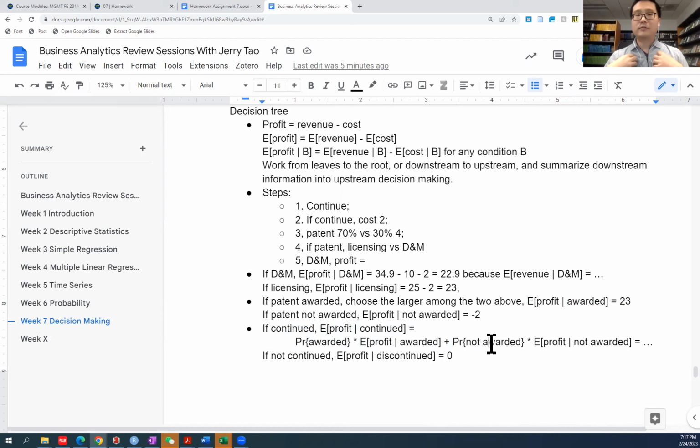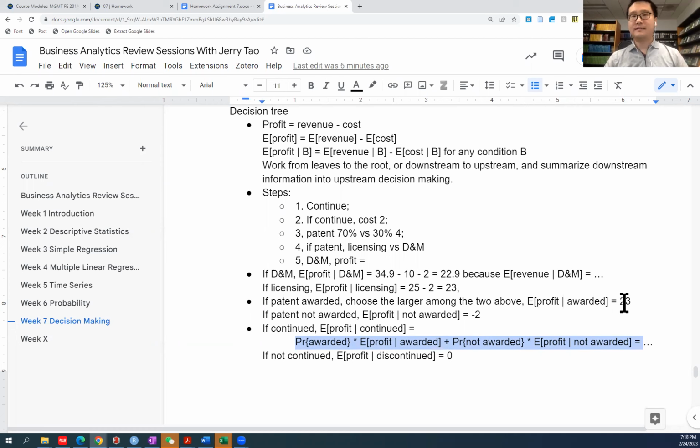So if we already know we chose to continue the project, then that's where the chances of awarding patent comes in play. Here, to calculate the expected profit of continuing the project, we do need to take the expected value of profit under both scenarios of a patent awarded or not. That's why I take the weighted average.